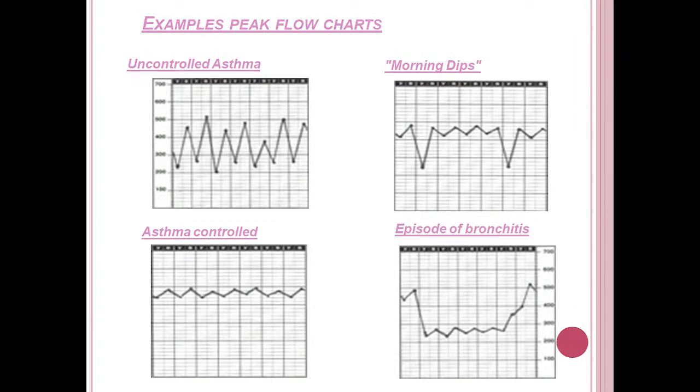For example, you see peak flowmetry. Uncontrolled asthma, you see these changes of the breathing, morning dips. Asthma controlled, we see not big changes in breathing, and an episode of bronchitis. You see the sharp decreases of the speed of the breathing.